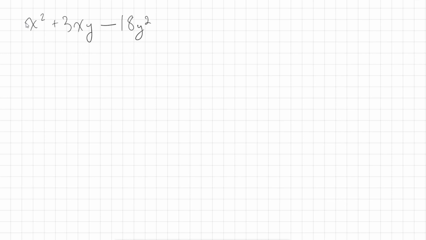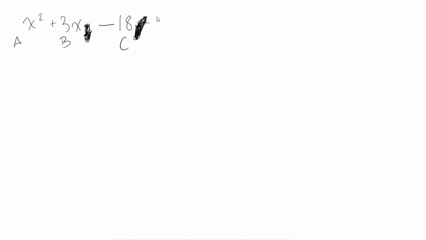So what I am actually going to do is rewrite it a little bit. We're going to ignore these y's. So we're just going to have x squared plus 3x minus 18, because this is more where we're at right now. So I have my a is equal to 1 still, my b is equal to 3, and my c is equal to negative 18.